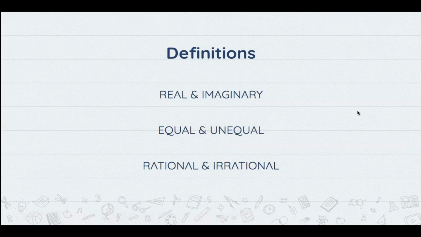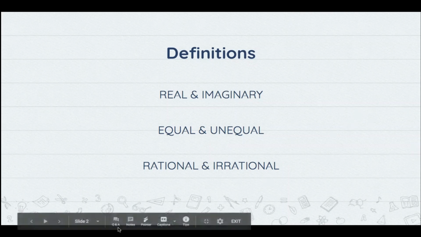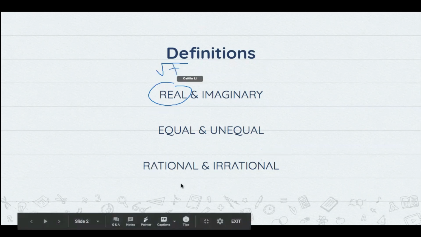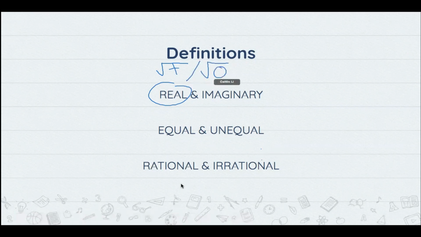So let's just start with real and imaginary. What real means is basically if there is a positive number in the radicand. So a positive number needs to be in the radicand, or it can be a 0.